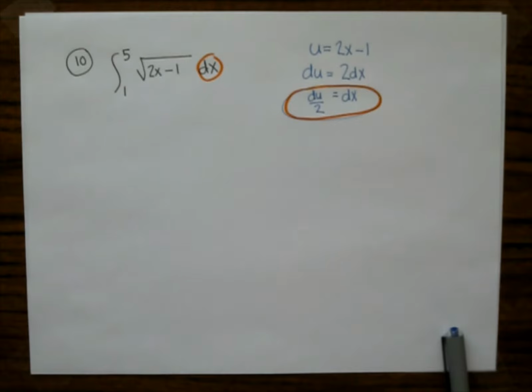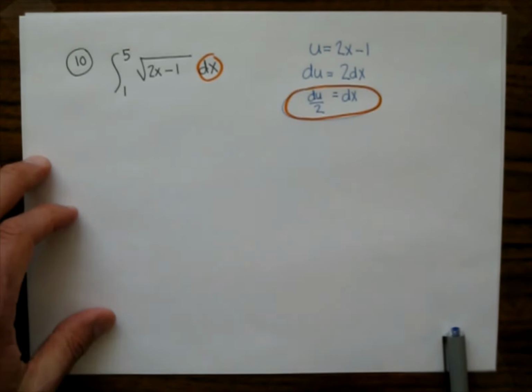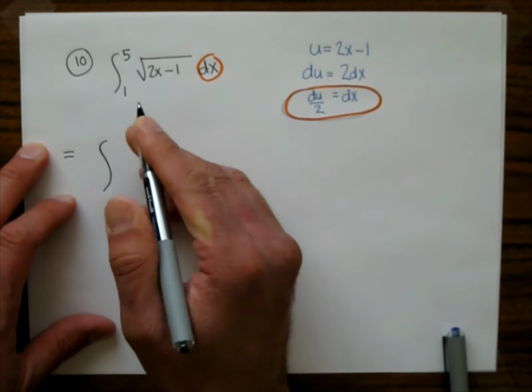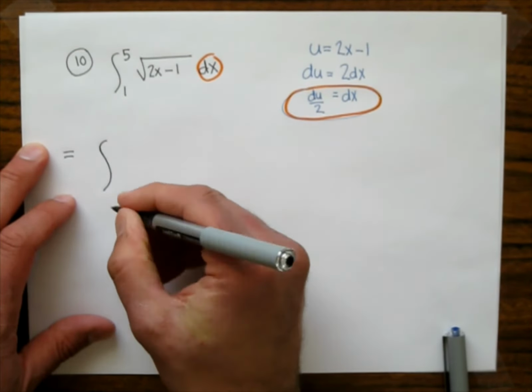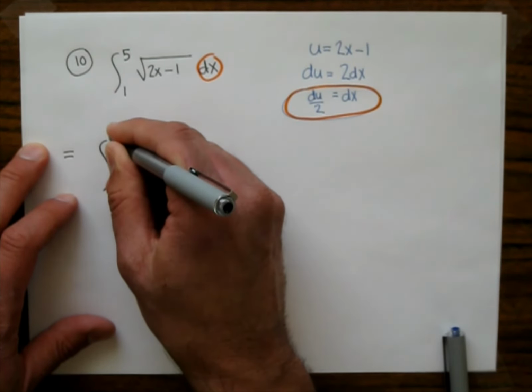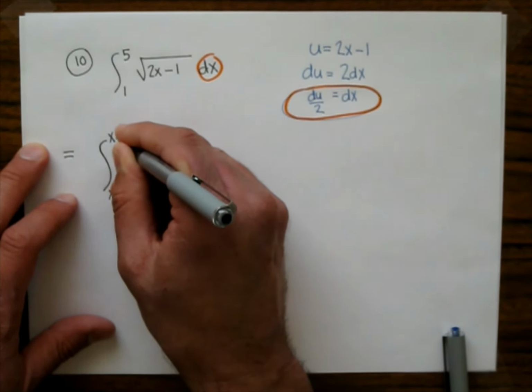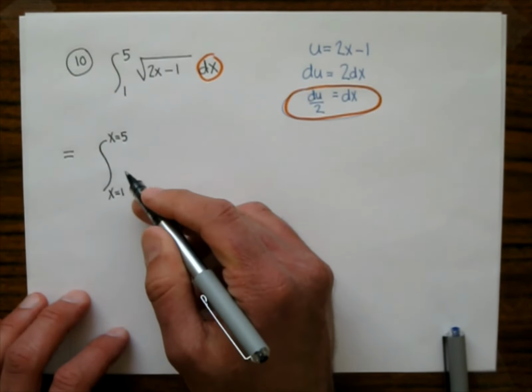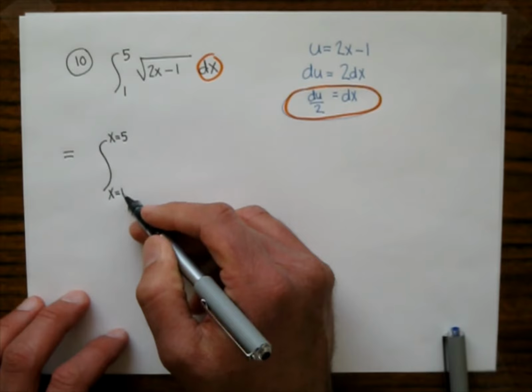Now here's the deal. Let's rewrite the original problem, and I'm going to be a little more careful about this. When you have your limits of integration, this is really saying x equals 1, and this is x equals 5. That's technically what we should write on our limits of integration, but we don't.